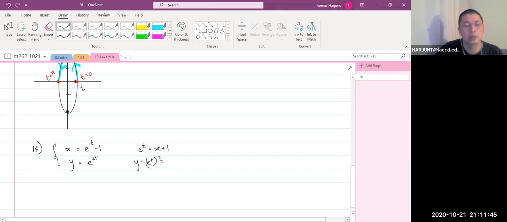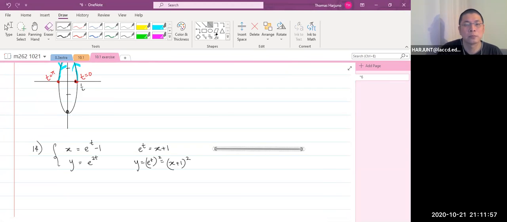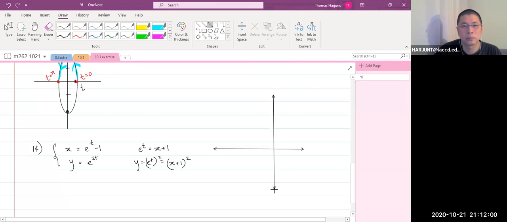So this is (x plus 1) squared. So the graph is approximately a parabola with vertex (0, -1). Approximately, this is the curve y equals (x plus 1) squared. Okay, that's the curve.